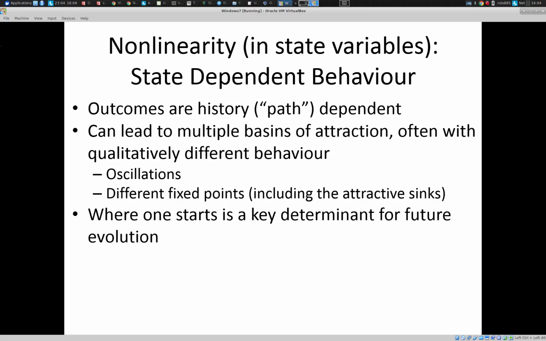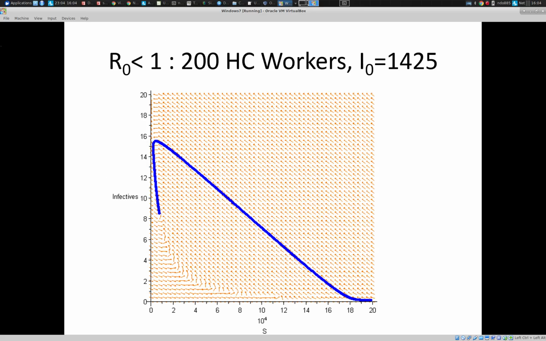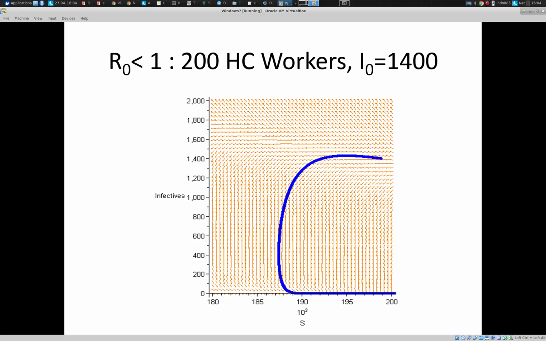This can lead to multiple basins of attraction where you can end up getting something that goes the wrong way. So we could start at one point, and it will go into one basin of attraction and reach one steady state, and in another case, it just takes off. One of the cases I've studied a lot is in White and Garnett, I think, in the UK, on how this can happen with STI clinics.